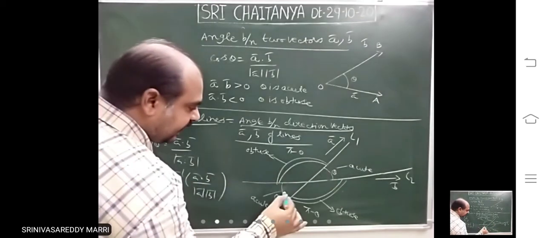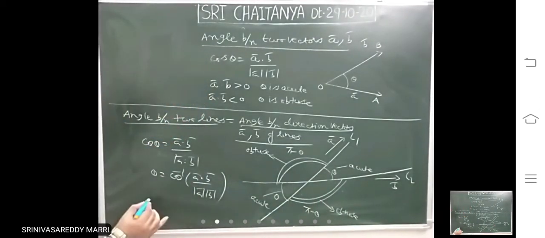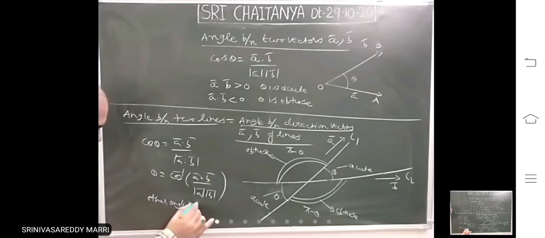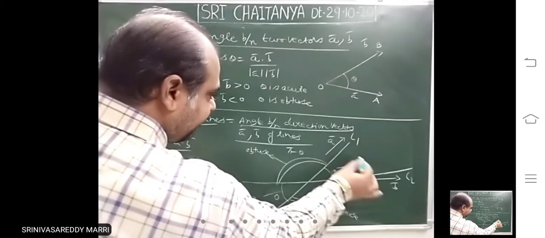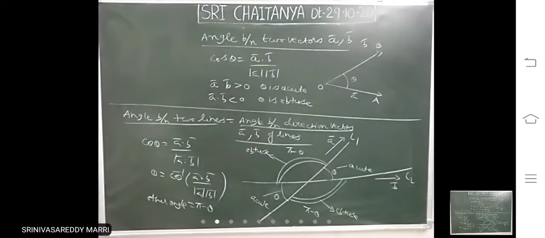If you calculate one angle as theta, then the other angle is pi minus theta. Here also, this direction is A bar, this direction is B bar. Suppose A bar, B bar represent two directions of lines.